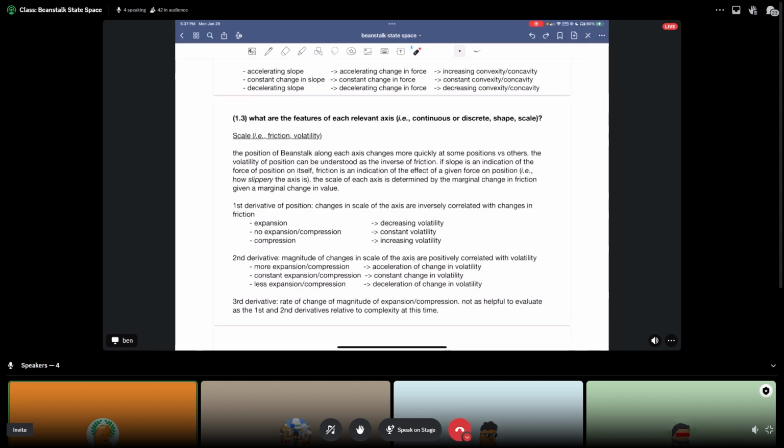Then there's a question of scale, which is sort of a way to understand friction. Particularly when it comes to the liquidity levels, Beanstalk is going to experience much more volatility in terms of price and debt level at lower liquidity levels.